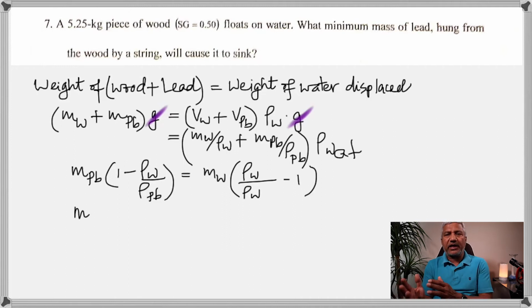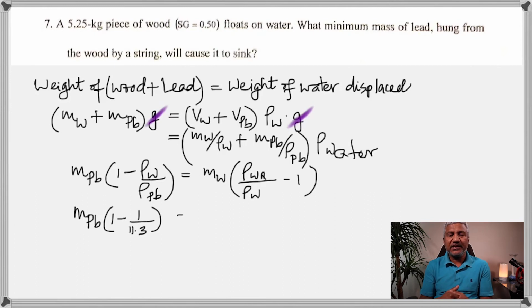And on the right side, I took the mass of wood outside. Now on the left side, the density of water divided by the density of lead is 1 by 11.3. Well, of course, the 11.3 is the specific gravity of lead which is given.